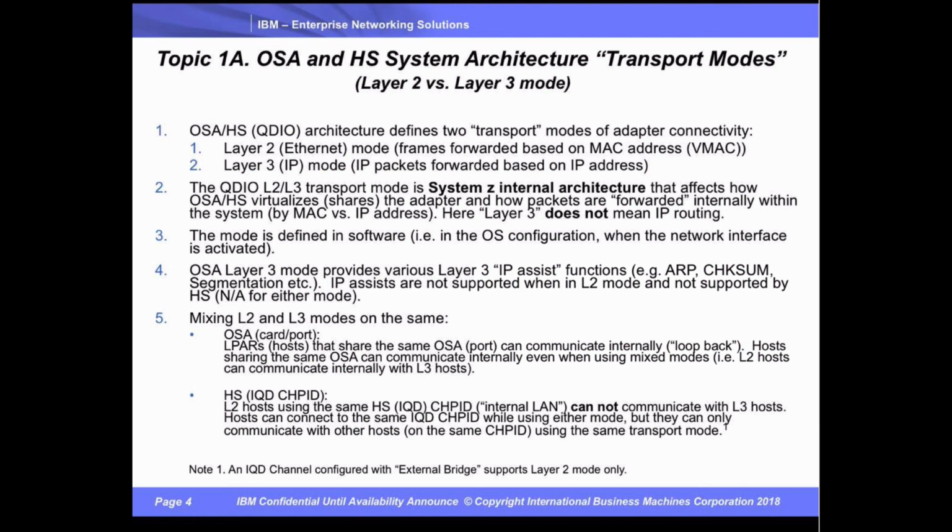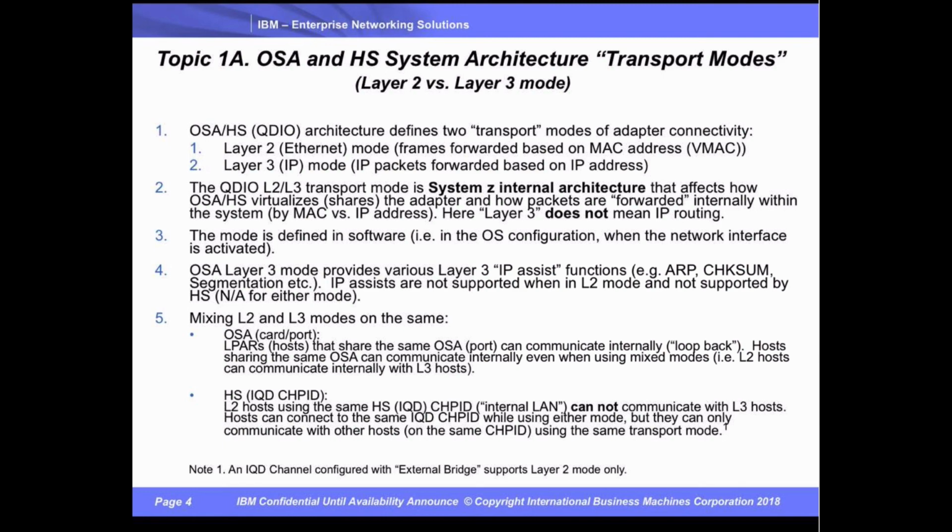In that case, the hardware does understand the Layer 3 mode, and it moves packets around inside the system based on destination IP address, or next hop, if you will. And so there we can also get some assist and some other help from the hardware when we're in Layer 3 mode.